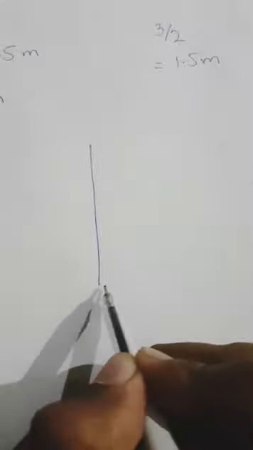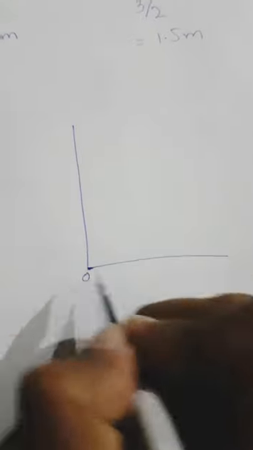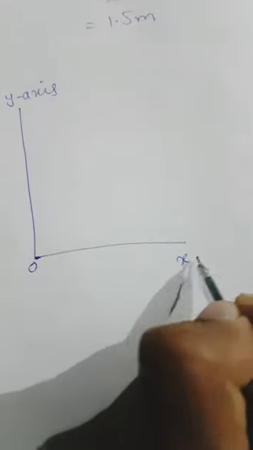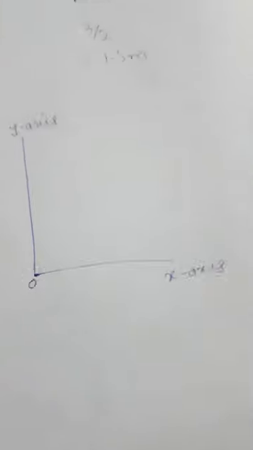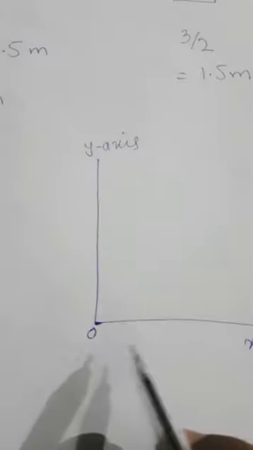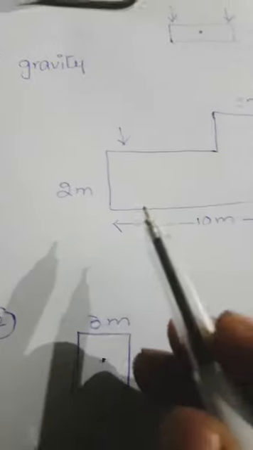Let's start with axes. It is 0, this is the y axis and this is the x axis. So we will start from 0. Consider it as 0, 1, 2, 3 and so on up to 10.